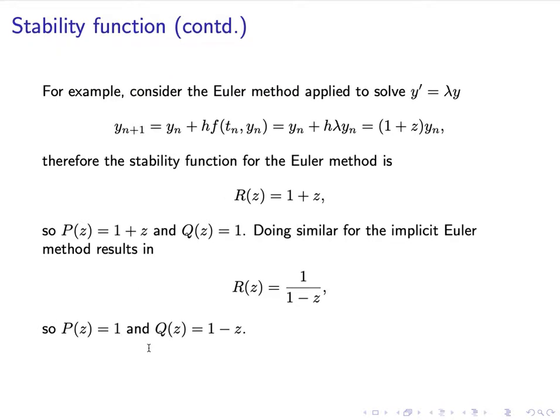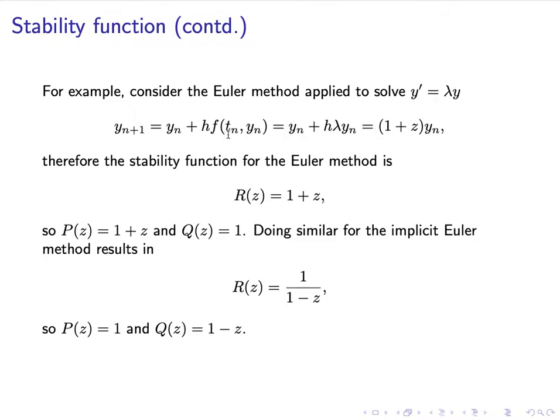So if we have a look at an example, we're going to use the Euler method to solve our test equation y dash equals lambda y. You should be familiar with the Euler method by now. So it's our current solution plus step length h multiplied by whatever our ODE function is. Now for our test equation, our ODE function is lambda y.